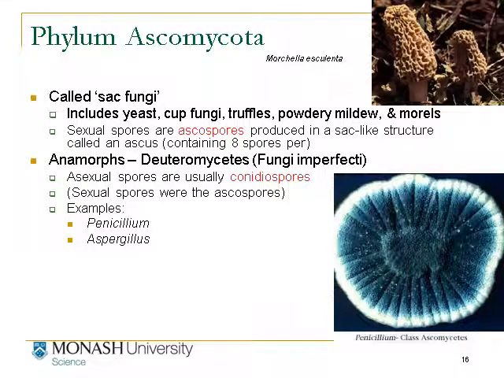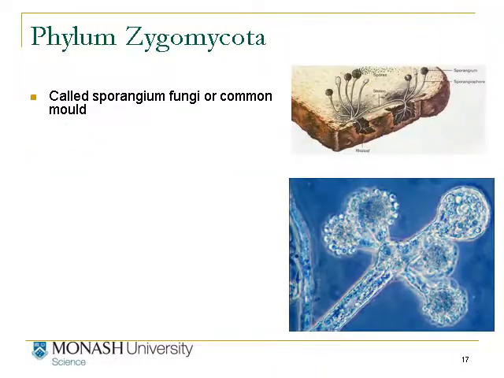They are anamorphs, and this includes the fungi imperfecti that used to be in the phylum Deuteromycota. The asexual spores are usually conidiospores, and the sexual spores are called ascospores. The two most important examples of anamorphs are Penicillium species and Aspergillus species.